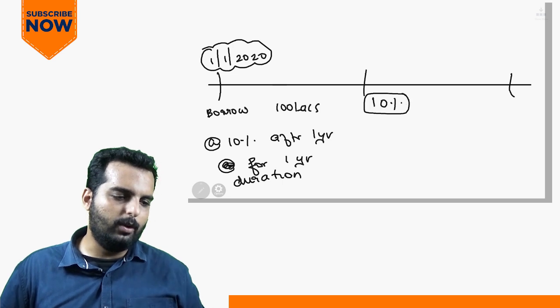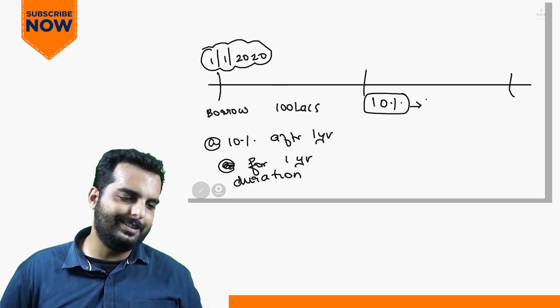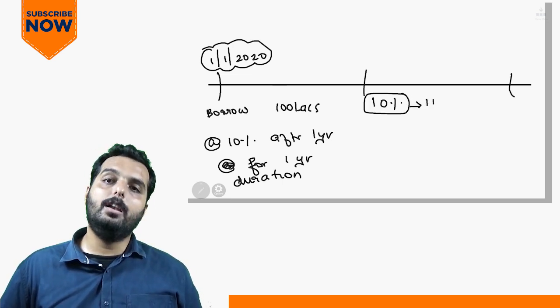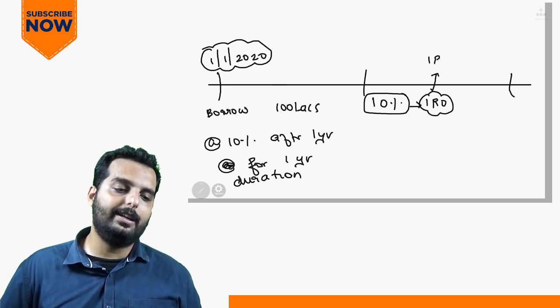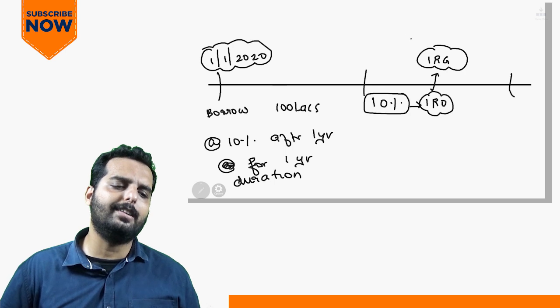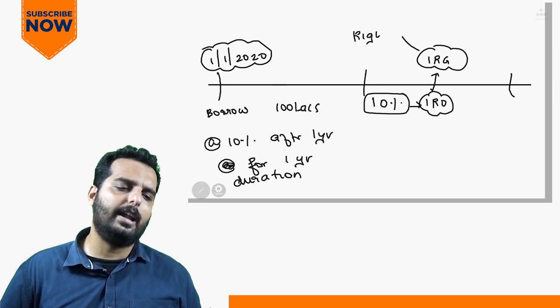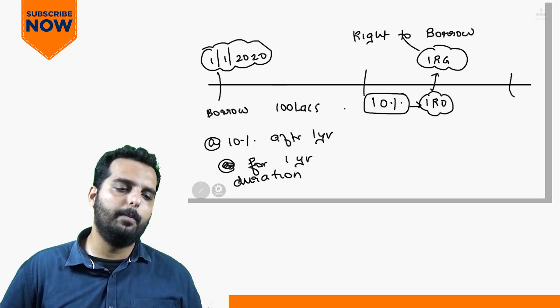Okay. So I want to borrow on this date at how much percentage? 10%. Earlier I entered into an FRA. Now I will enter into an IRO or interest rate options. We also call it an IRG, interest rate guarantee, which is a right to borrow.